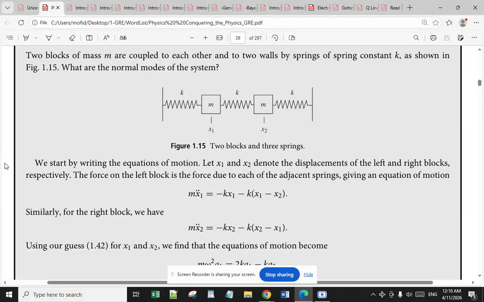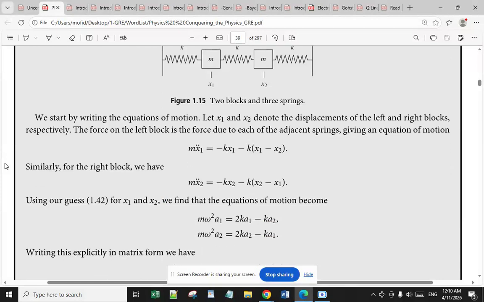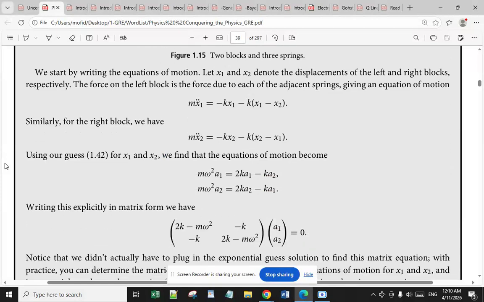The force on the left block is the force due to each of the adjacent springs, giving an equation of motion m x1 double dot is equal to minus k x1 minus k(x1 minus x2). Similarly, for the right block, we have m x2 double dot is equal to minus k x2 minus k(x2 minus x1).